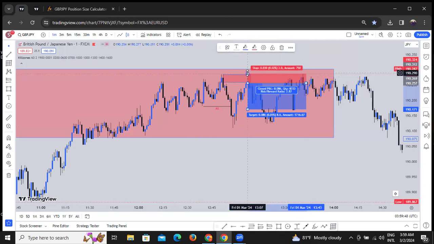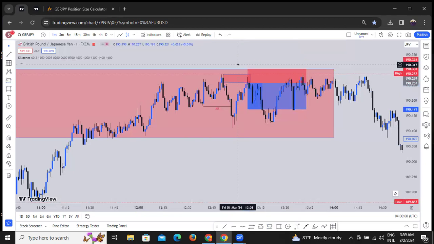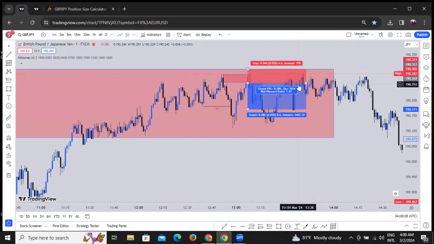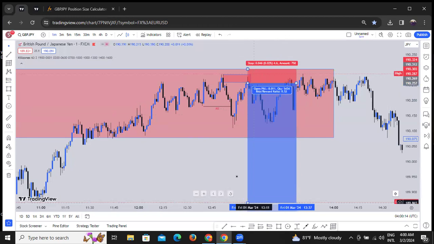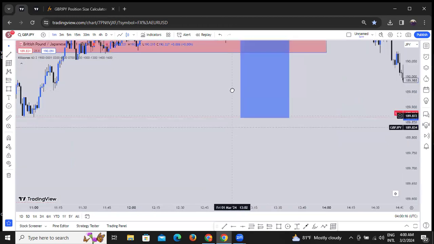Yeah, maybe someone will be like, why not put it just a few pips away? I know you can put it that way and it could have worked out, but I prefer setting this one right here because in the higher time frame, that's where we have our overall order block. Just there too, I think this one was about 29 risk to reward.